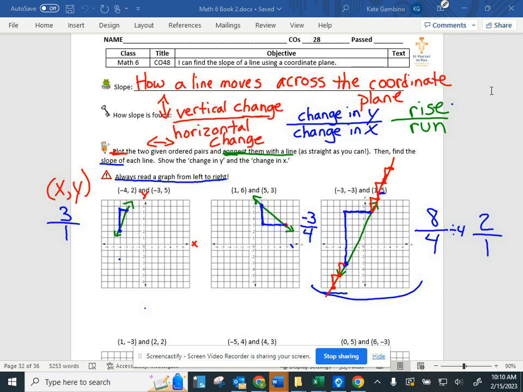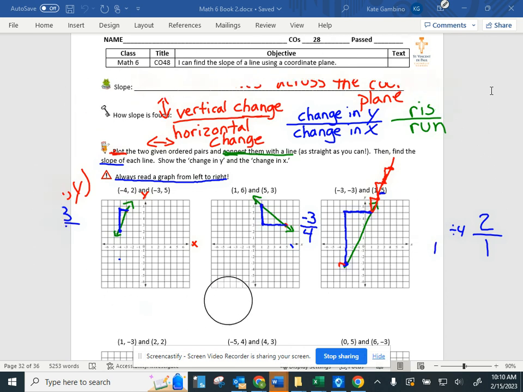So this is a 2-page assignment. We have this first page, we've got 3 more to do of plotting and drawing your line and then finding your slope. Then let's look at our second page.